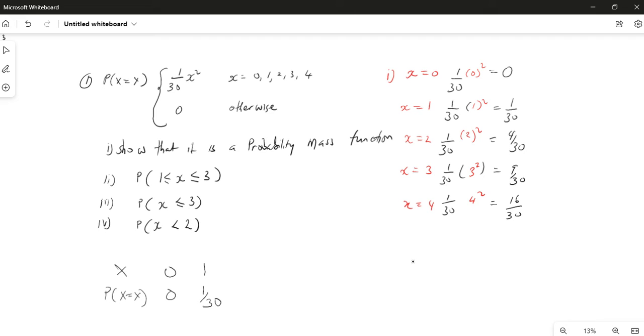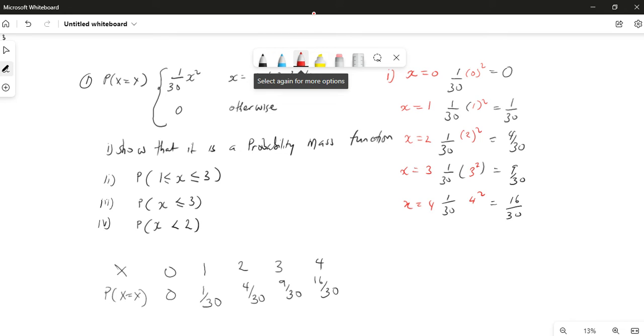When x equals 1, the probability is 1 over 30. When x equals 2, the probability is 4 over 30. When x equals 3, the probability is 9 over 30. When x equals 4, probability is 16 over 30. Right, so adding all of these up, you get 1.